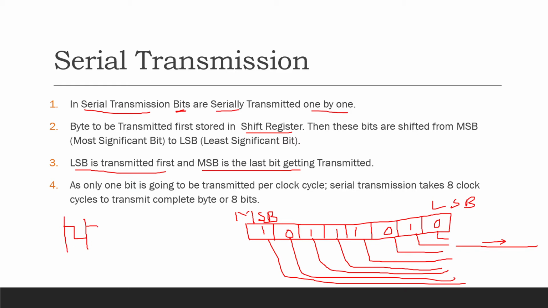This clock period is required to transmit this bit. One more clock is required to transmit this bit. In such a way, the 8th clock cycle is required to transmit the MSB bit.